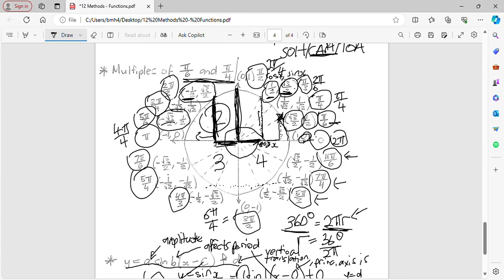It might say find the values between 0 and 2 pi, or 0 and 4 pi, or something like that, for when sine of x equals negative root 3 on 2. So when it equals negative root 3 on 2, you've actually got two solutions just for going around the first time of the circle, which is these two here.